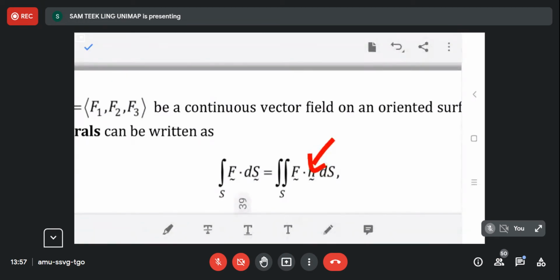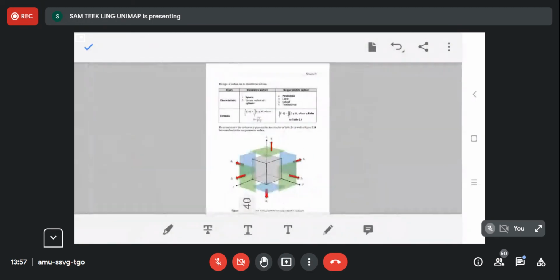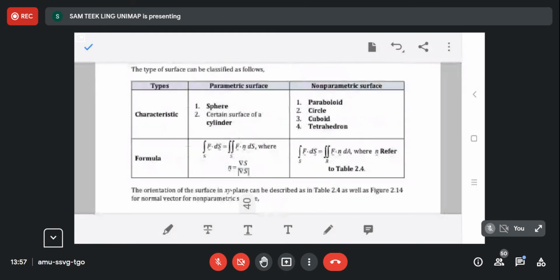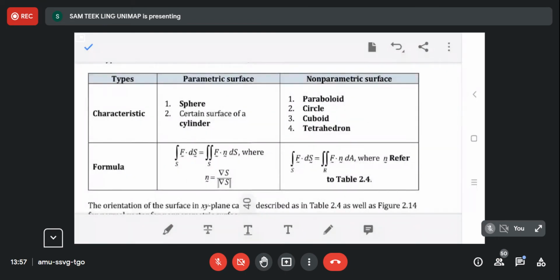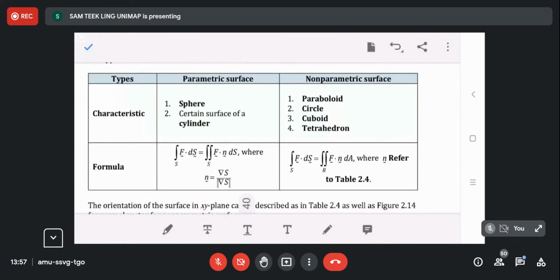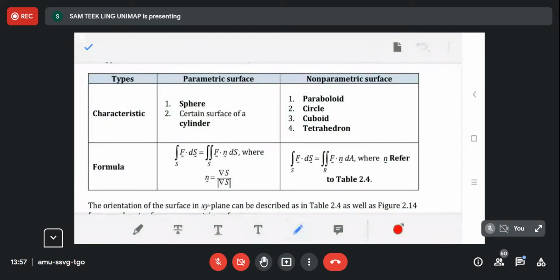So if your question here has two types of n, you can see parametric surface. This one is a parametric surface. So if your picture is a sphere or a cylinder, you use this one.